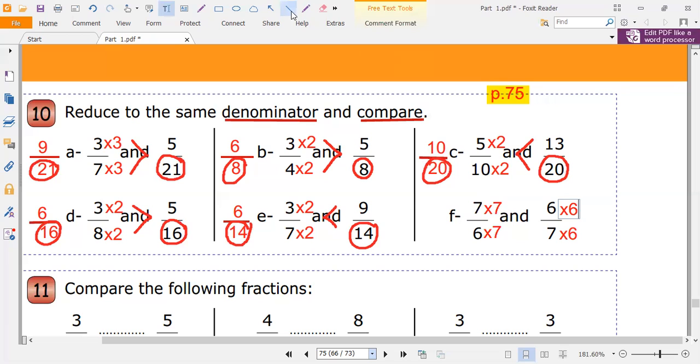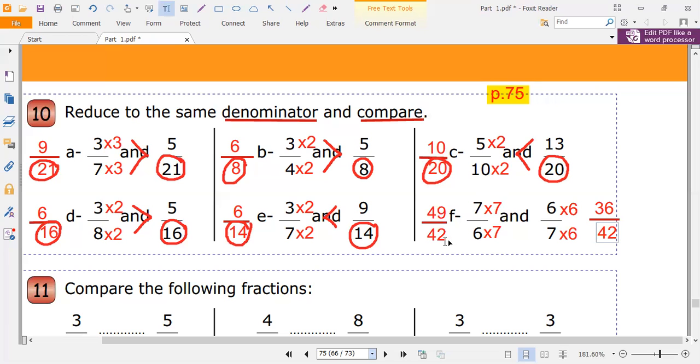Now we get 7 times 7, 49. 6 times 7, 42. 6 times 6, 36. 7 times 6, 42.